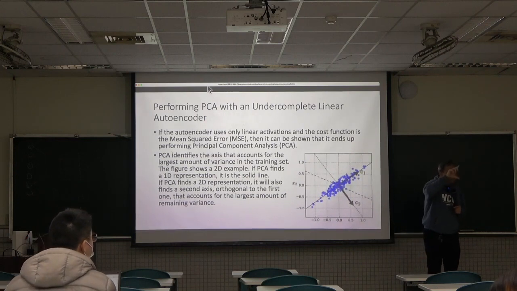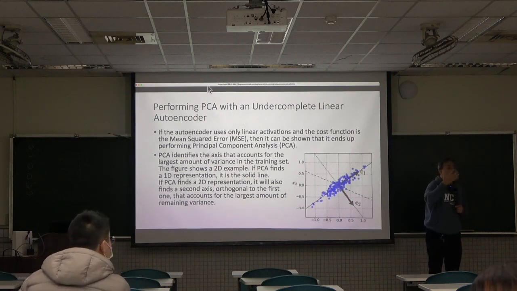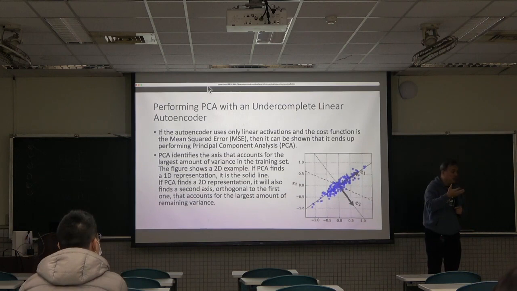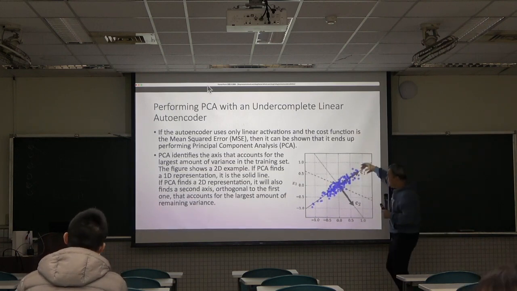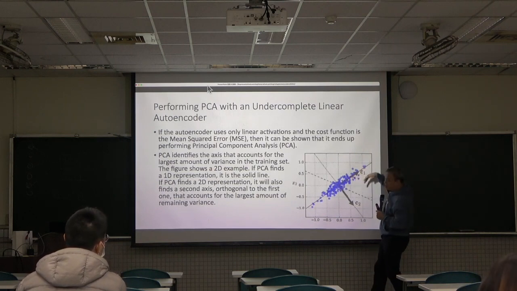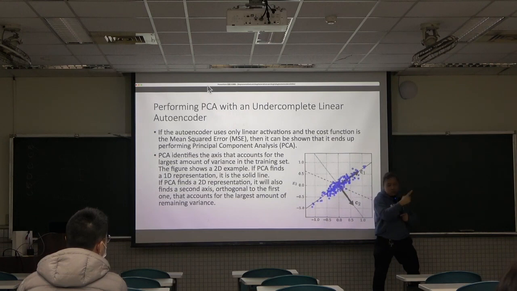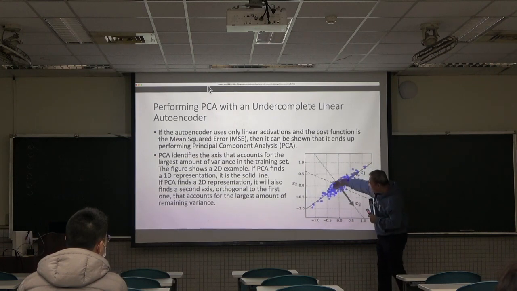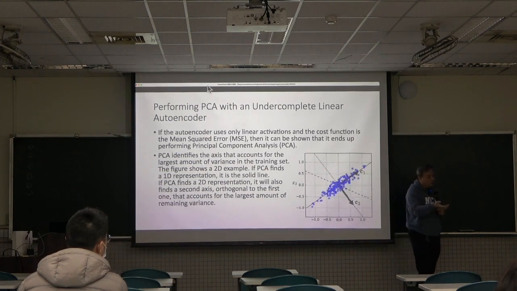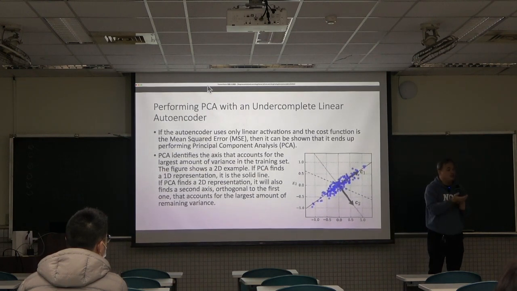So we consider this variance as unimportant, because it is much smaller. So if you reduce these two-dimensional points into one dimension, the points projected on this line will be the result you get.